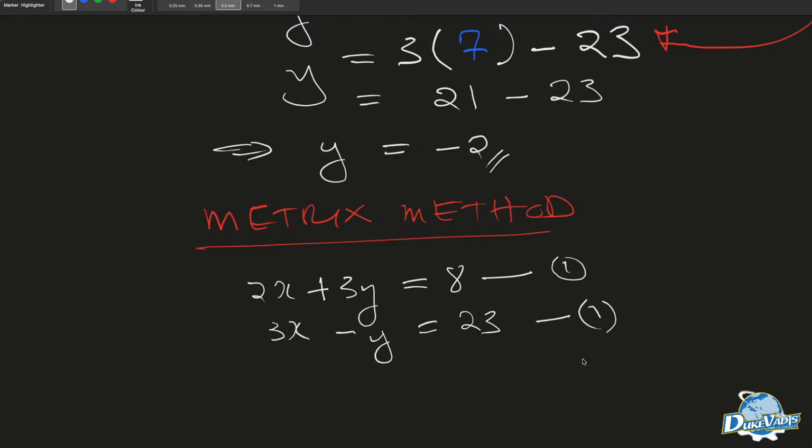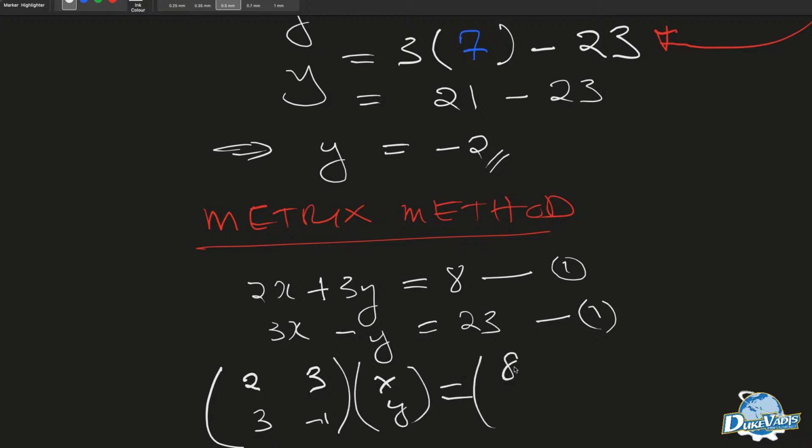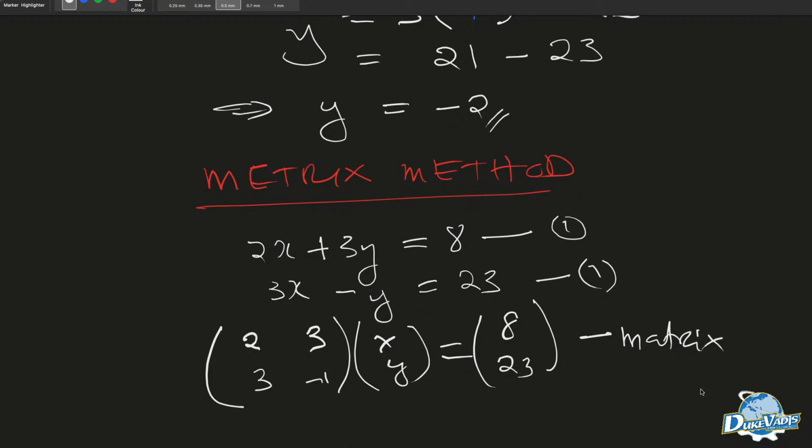Bear in mind that we have x here and y here, and this is equal to the right-hand side values. So to write this in matrix form, this will be 2, 3, 3, -1, all into brackets, multiplied by xy is equal to 8, 23. That's my matrix form.